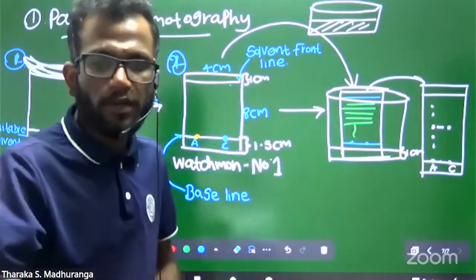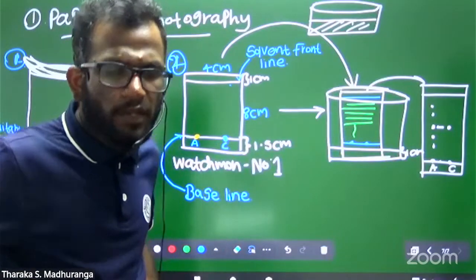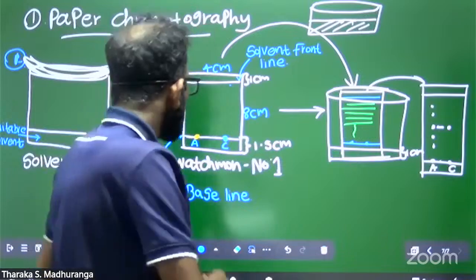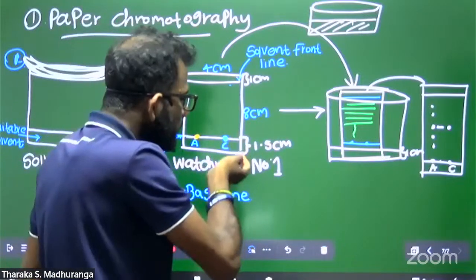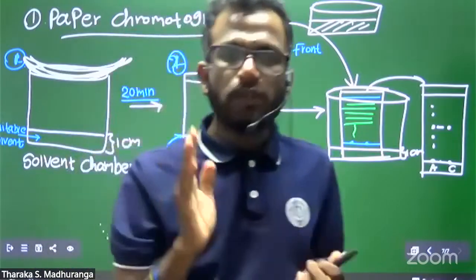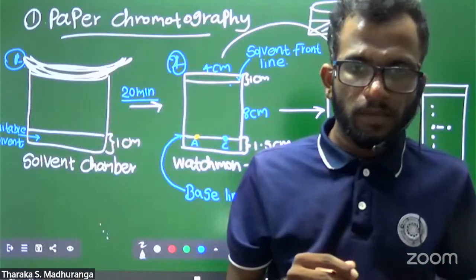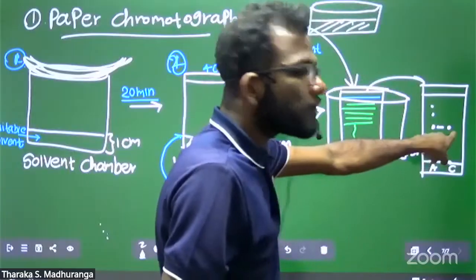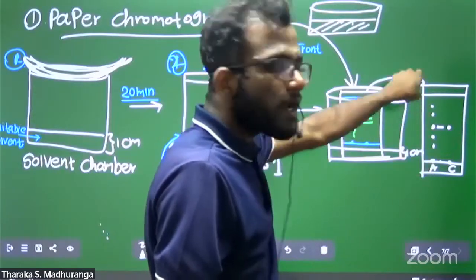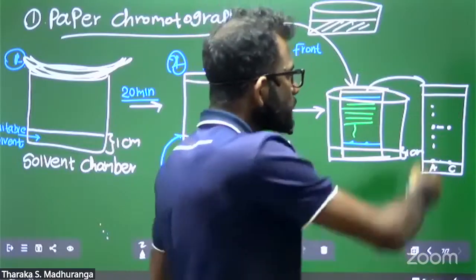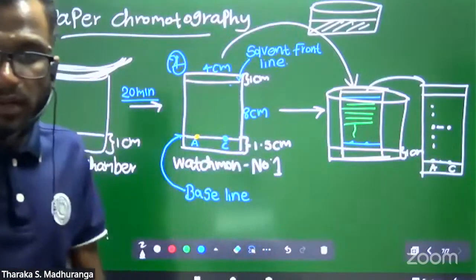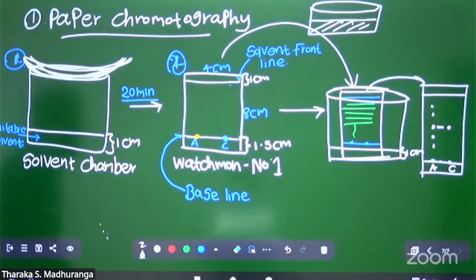Then the A sample is the crude product, and the C sample should be the control, purified cinnamaldehyde. That's why the purified one has only one spot. The crude product has more compounds, that's why A has more dots. Understood?